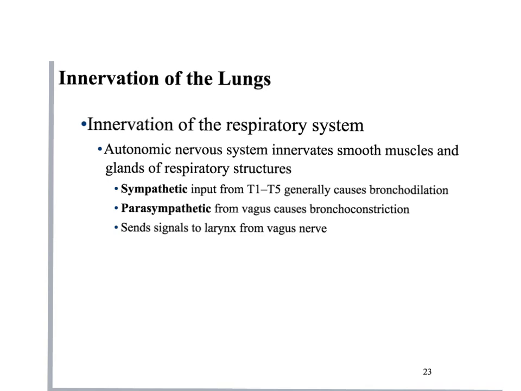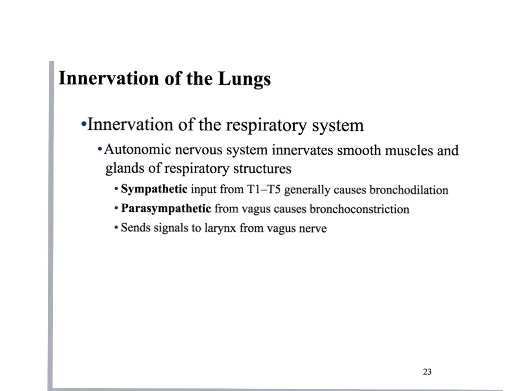So we have innervation of the autonomic nervous system, sympathetic and parasympathetic branches. Sympathetic nervous system, input from the thoracic nerves, T1 to T5. They generally cause bronchodilation. Okay? And the parasympathetic from the vagus nerve causes bronchoconstriction.